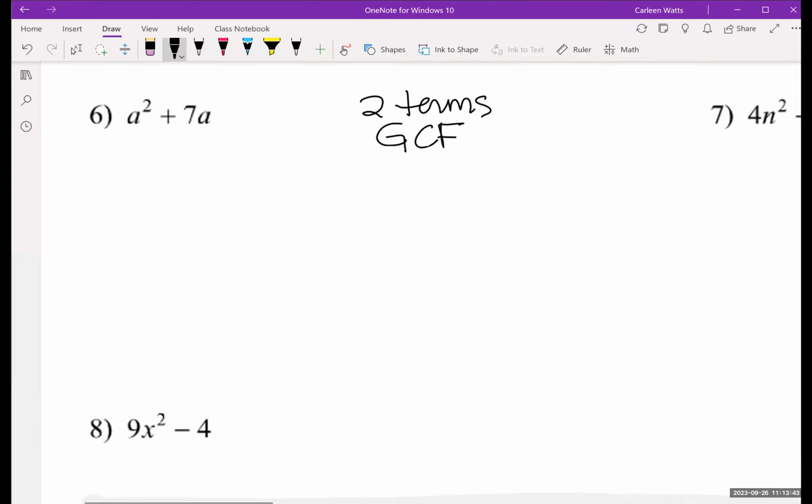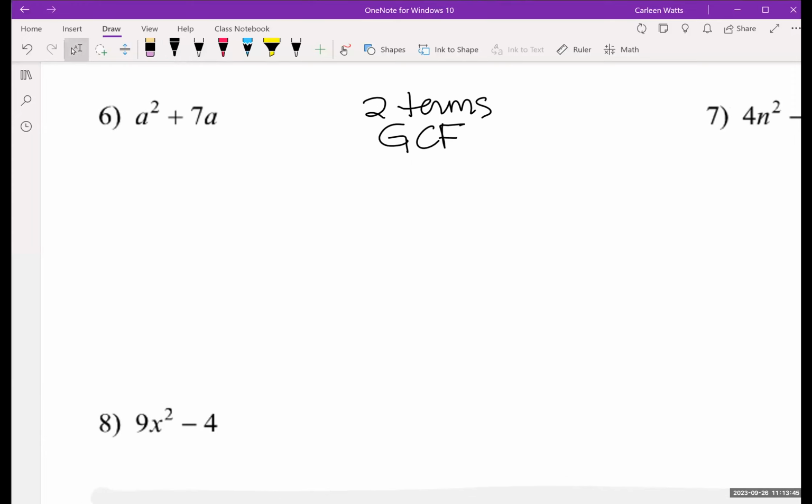Now, for some reason, historically, students have a hard time with this problem, and I cannot figure out why. Now, when you see A squared in your brain, you should see that, and 7a is that. Those are A's.